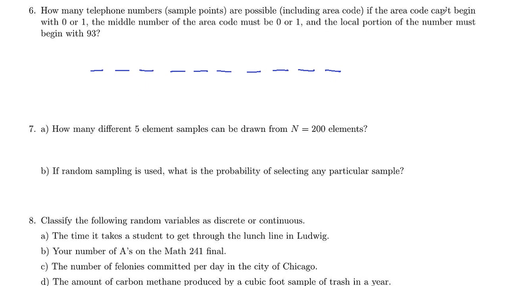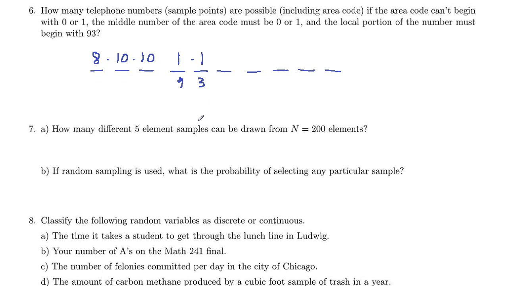The area code can't begin with 0 or 1, so we don't have 10 choices here. We've got 8 choices there. And then we'd have 10 choices for each of the remaining digits because they allow repeats. The local portion has to start with 93, so we've only got 1 choice here and 1 choice there.